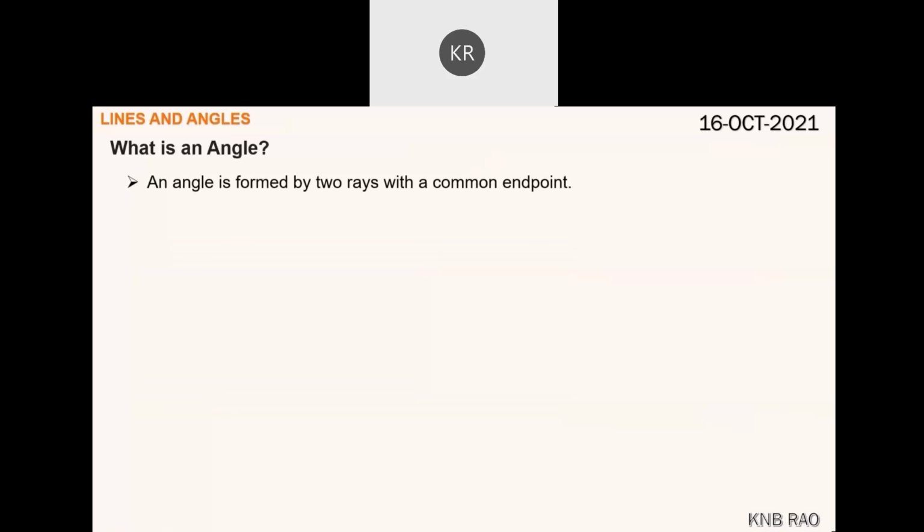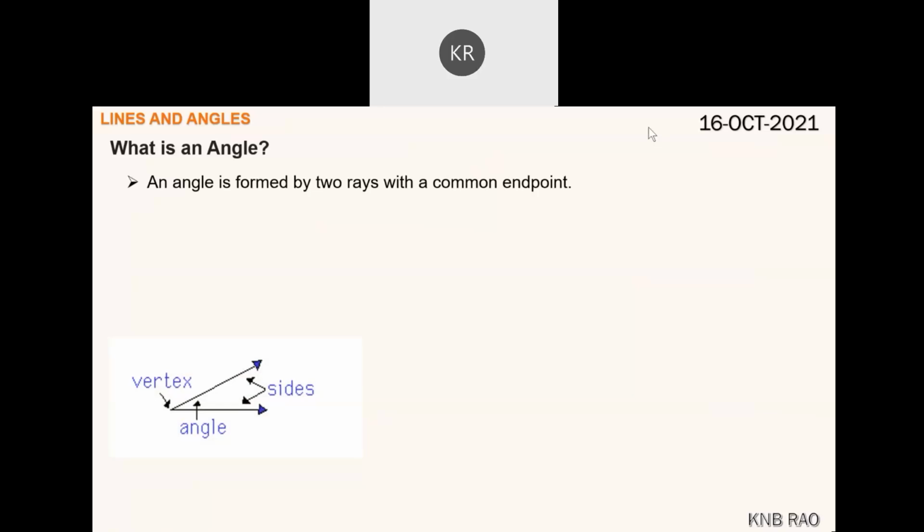Sir, an angle is formed by two rays with a common end point. Angle is a figure formed by two rays with a common end point. We learned in our lower classes angle as a figure, like this.